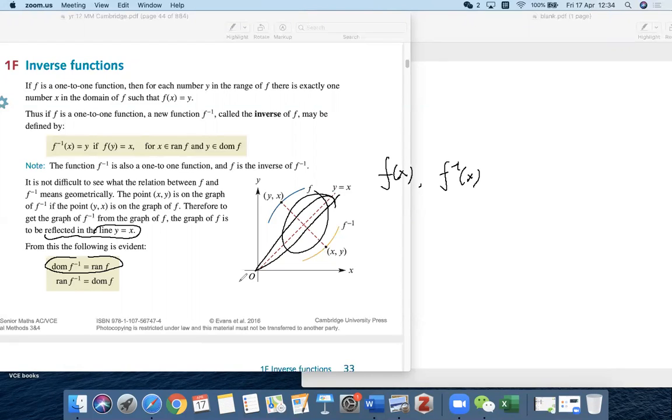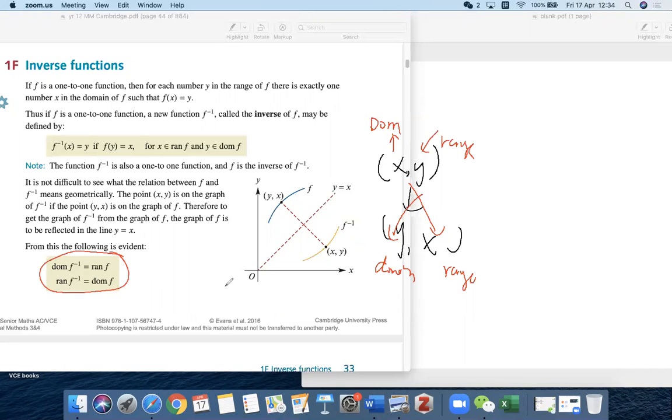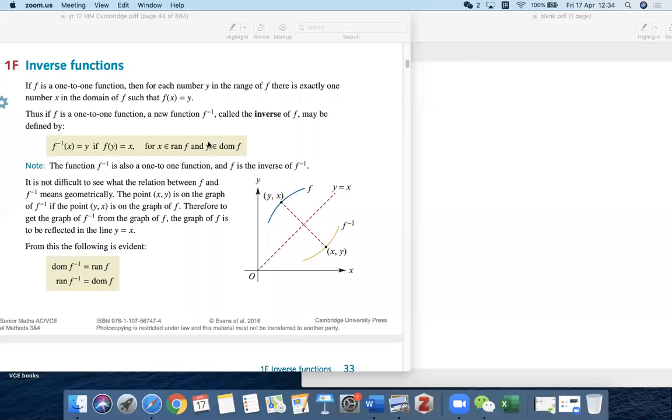The third is that the range of f(x) is the domain of f inverse x. Because we change (x, y) to (y, x), the domain becomes the range and the range becomes the domain, and vice versa. That's why we have this. Let's move on to the examples.